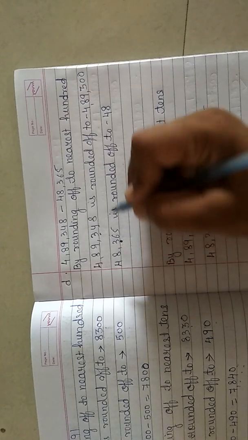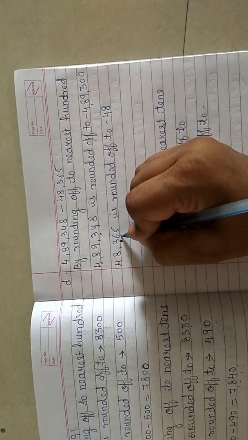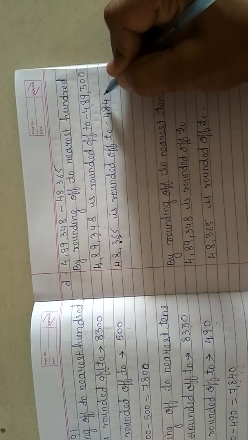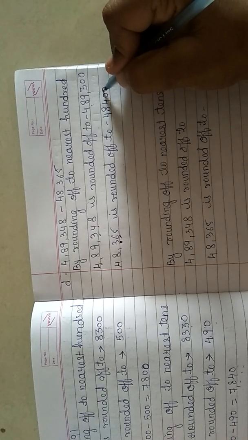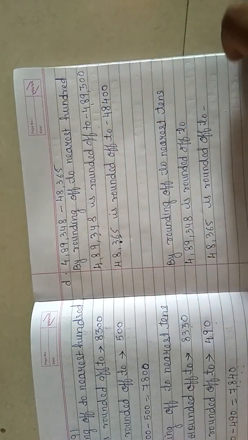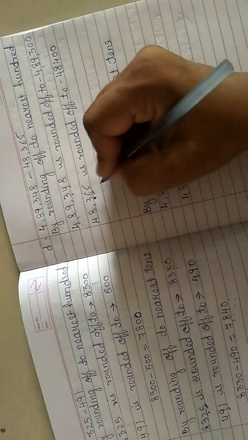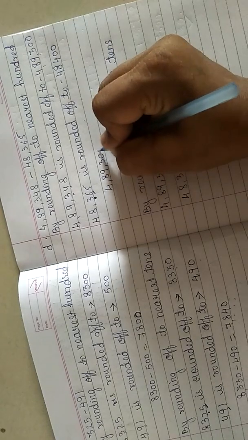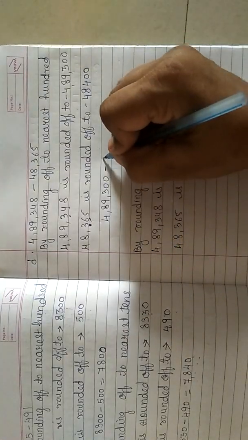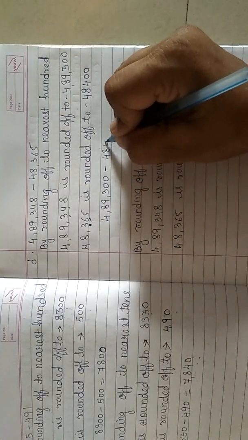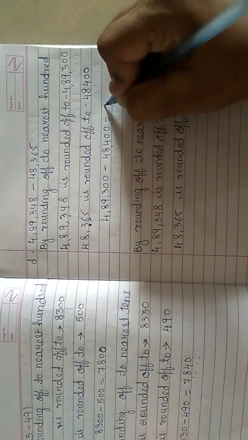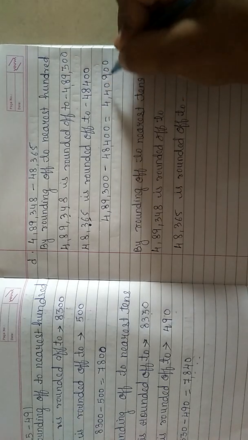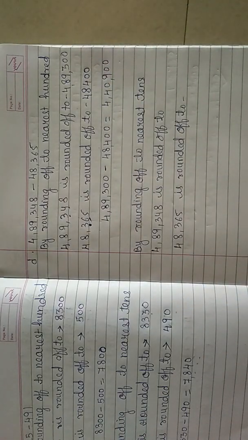The number here at 100 place is 3 and tens place is 6. It is more than 5, so we are going to add 1 in hundreds place, that will become 400. Now if you subtract 4,89,300 minus 48,400, you will have 4,40,900. This will be your answer.